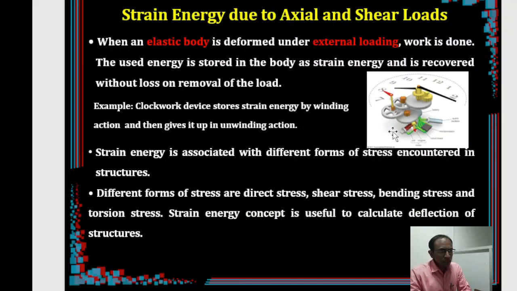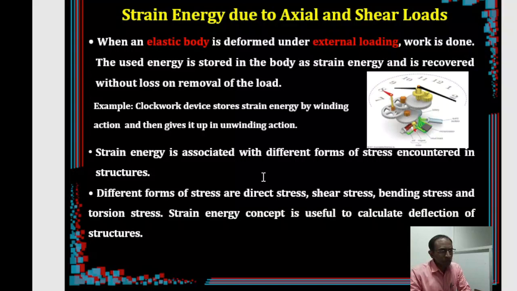Basically, the energy builds up and is stored in the wheels, driven by the vibration of the quartz that we use in clocks, right? It stores the energy by its winding action, and slowly releases the energy by unwinding action, right? So this is about the strain energy and its application.